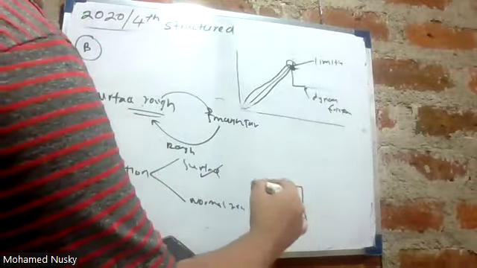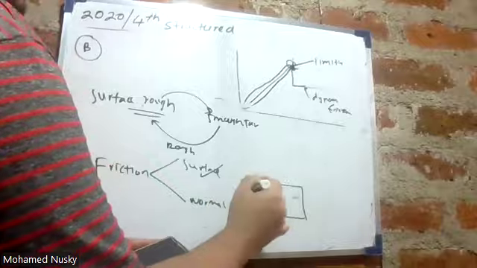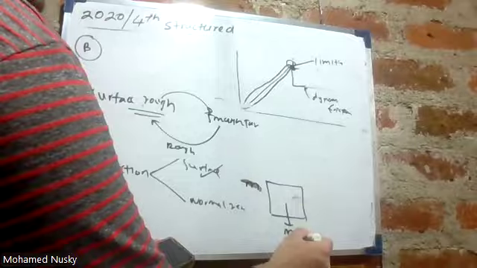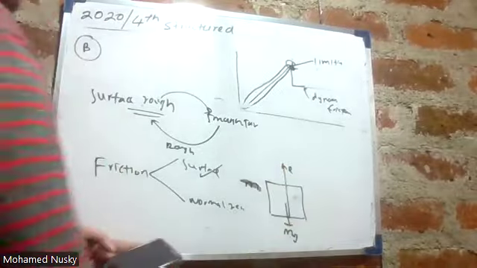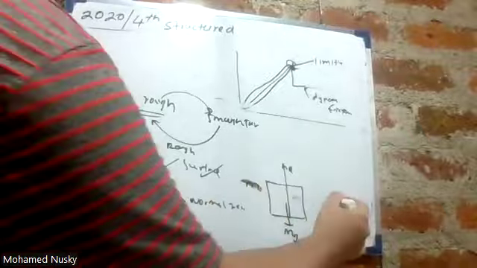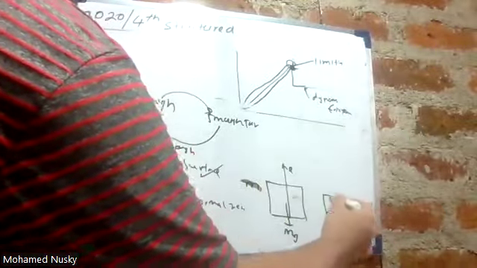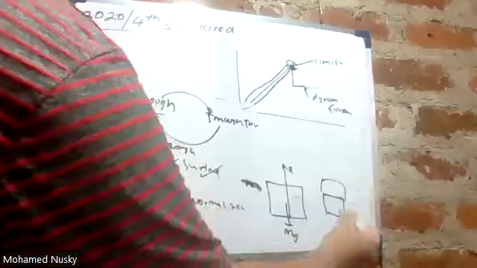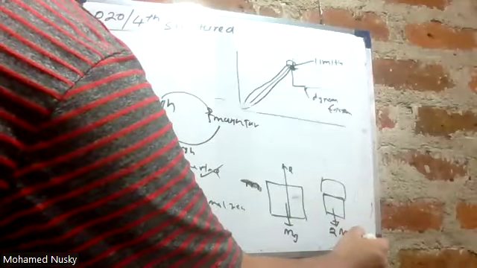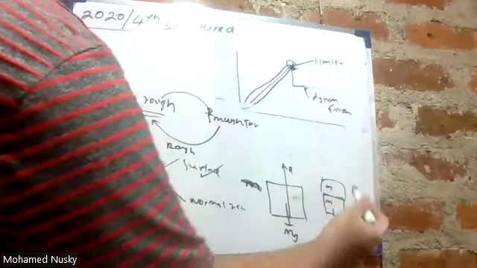Let us take the mass as m. So there will be mg and there will be a normal reaction. If I add some more weight to it, I'm going to add another weight. So what is the total weight acting? 2 mg. This is m, this is m.